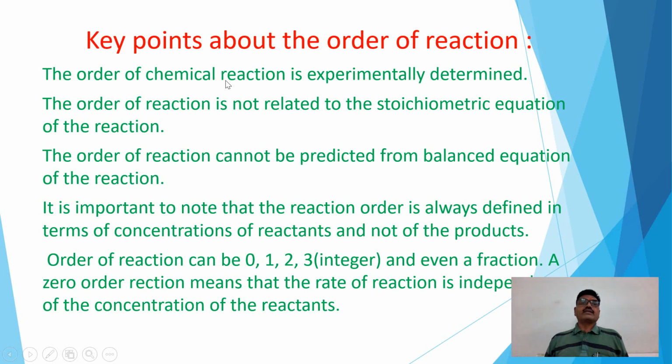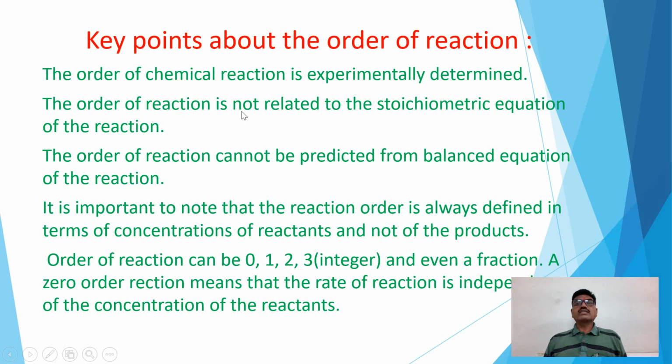As that of the rate law expression or as that of the rate law, the order of a chemical reaction is also experimentally determined. So that is all. It is not possible to predict the order with the help of the stoichiometric balanced equations of the chemical reaction.